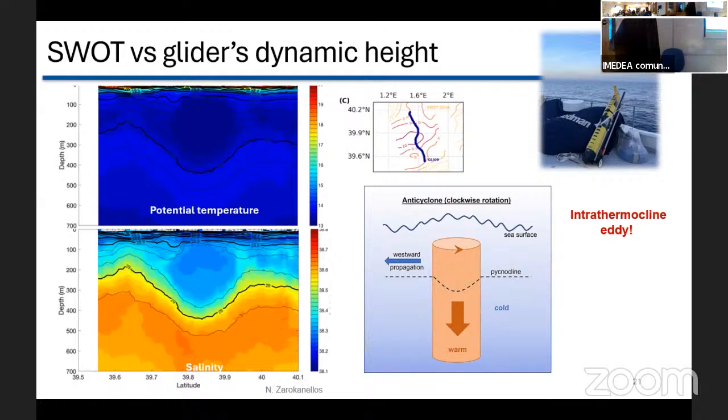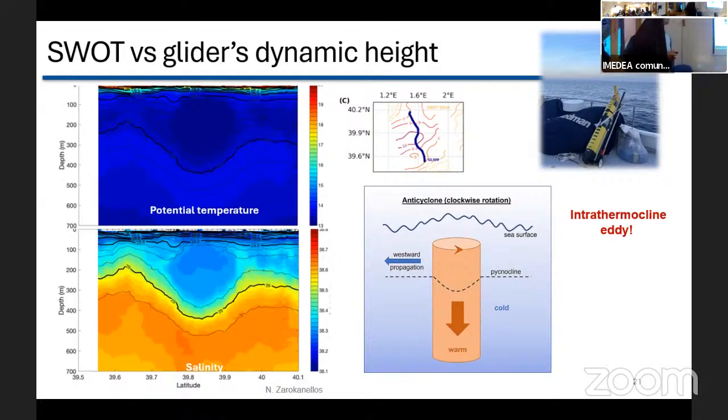What's important here is that we see this cold and fresher core of the eddy, and the shape of the isopycnals that I was mentioning before when talking about anticyclonic eddies, at about 400 meters and so on. But at the surface, we don't have the same shape, and this is because this eddy was trapped below the thermocline, and that's why we call it an interthermocline eddy.